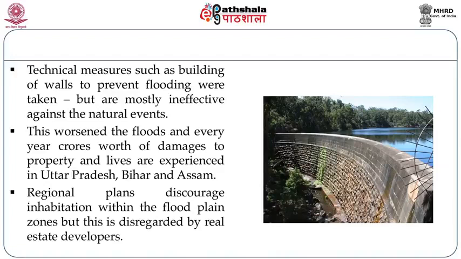Regional plans discourage inhabitation within the floodplain zones, but this is disregarded by real estate developers. Even the state, for that matter, if you look at the Chennai airport, is constructed on the floodplains of one of the rivers.